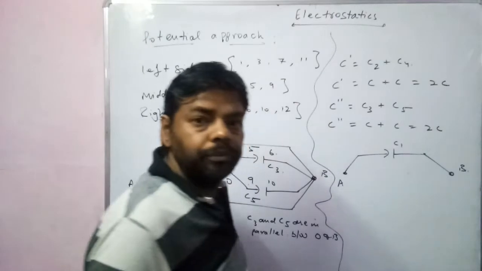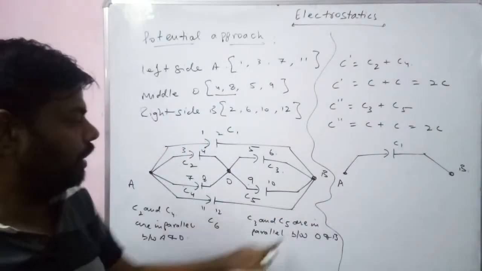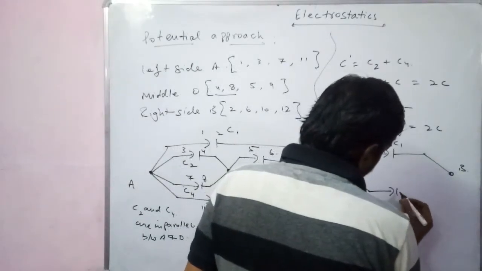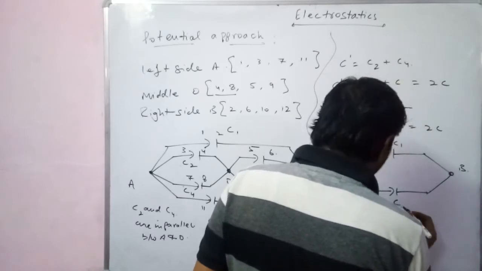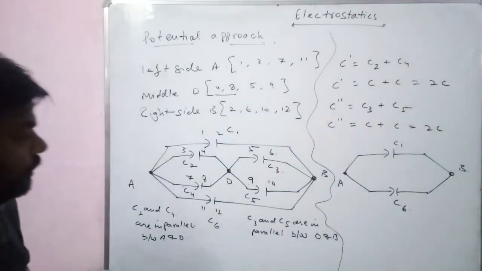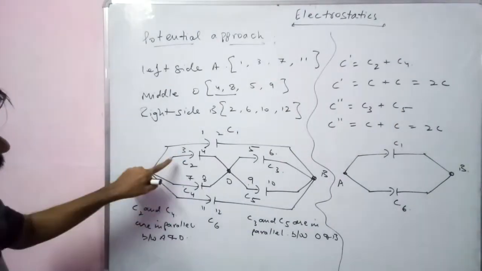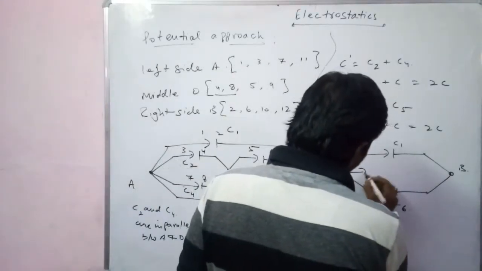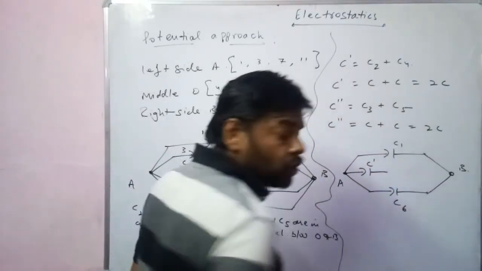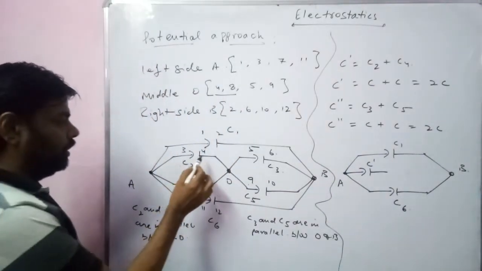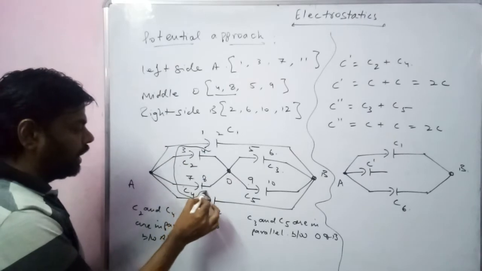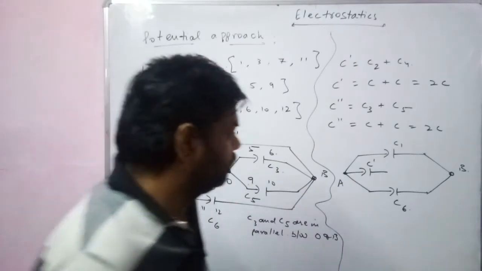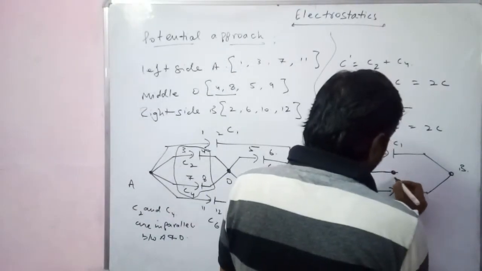This was the point B. And in the lower part, we were having the capacitor C6. Now the equivalent of C2 and C4 was C dash, and it is to be connected between the points A and O.